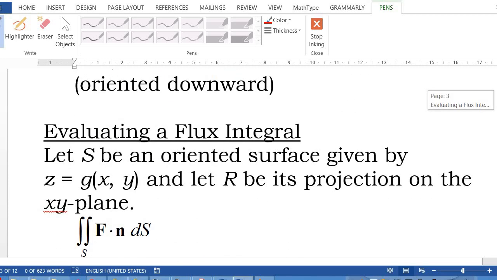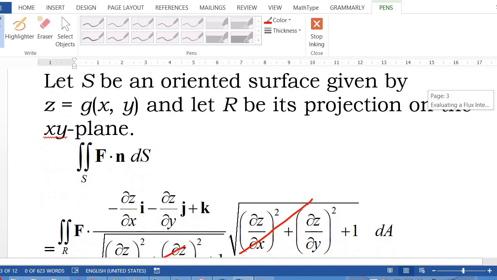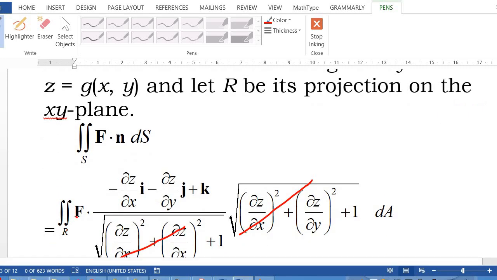So to evaluate the flux integral, we have F dot N, where N is the unit normal vector. For N pointing up, the unit normal vector is negative ∂z/∂x i minus ∂z/∂y j plus positive k. The numerator here is the normal vector.